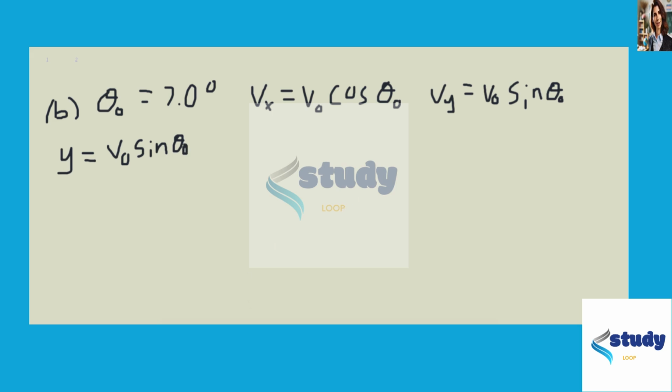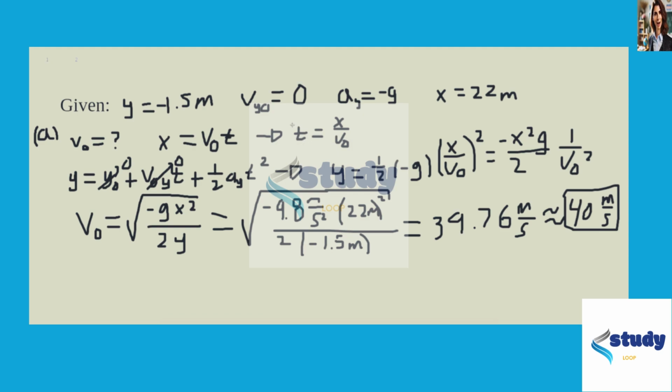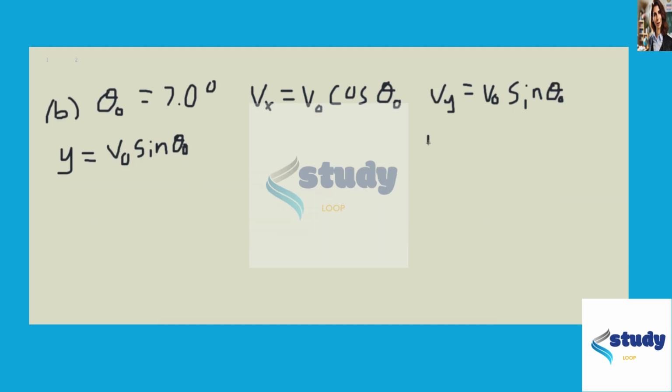And on the previous page, t was equal to, I'm pointing to it here with this arrow, x over v naught. Well, now v naught is our vx. So t is equal to x over v naught y, which is v naught sine theta.